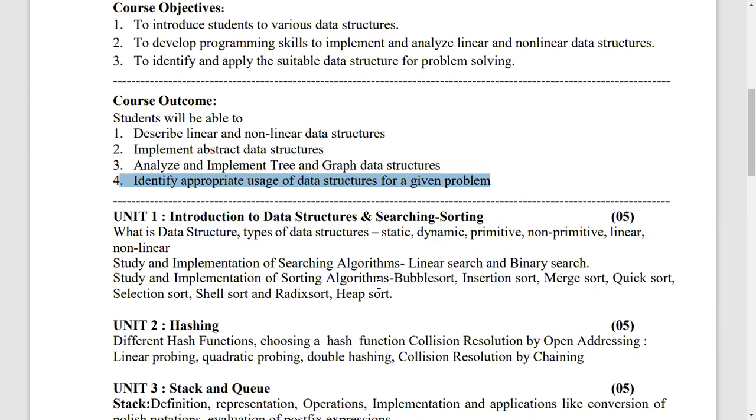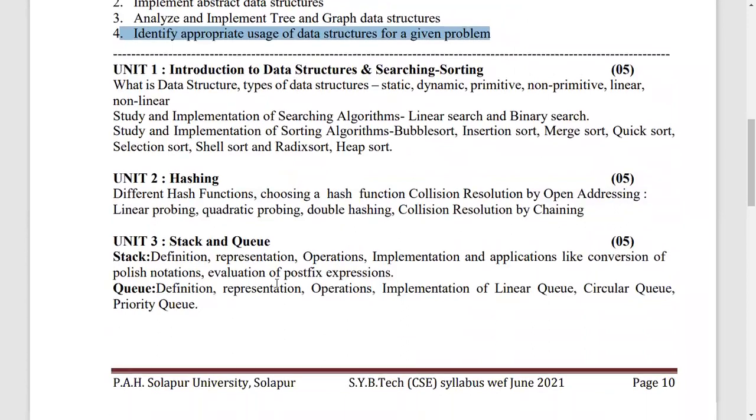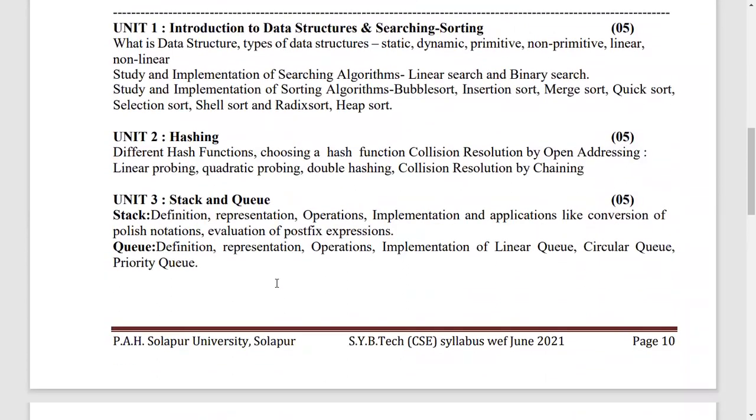These are the outcomes expected from you after completion of the data structure course. Now these are the syllabus of data structure.